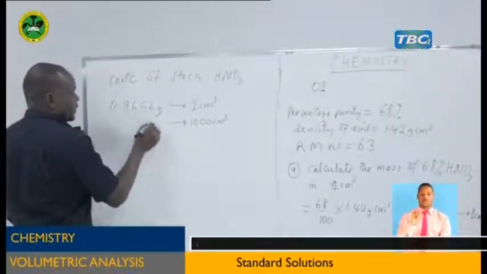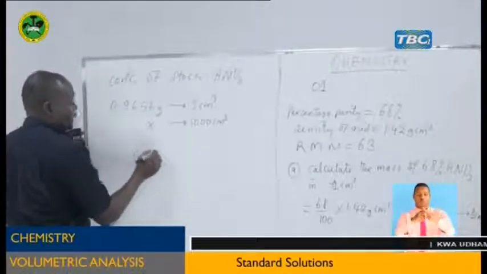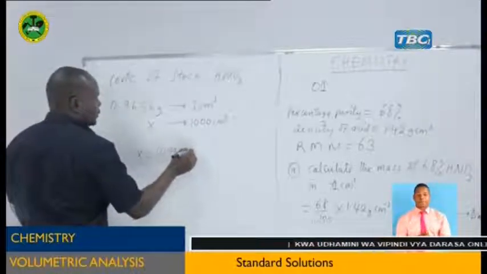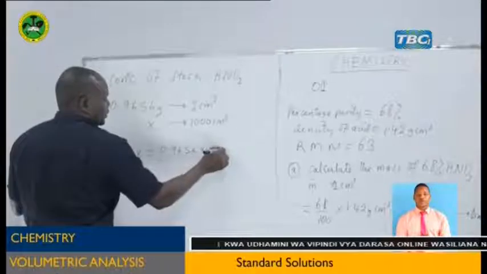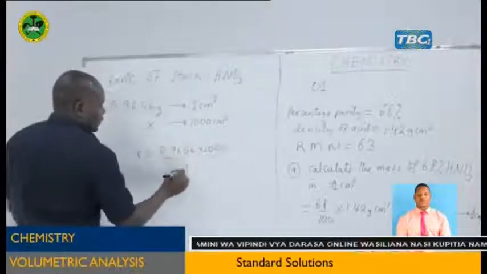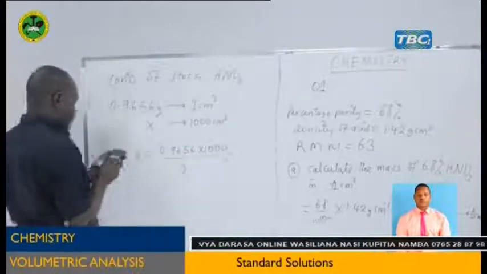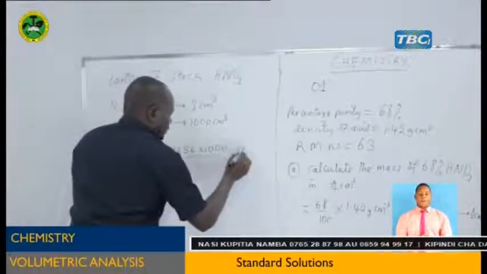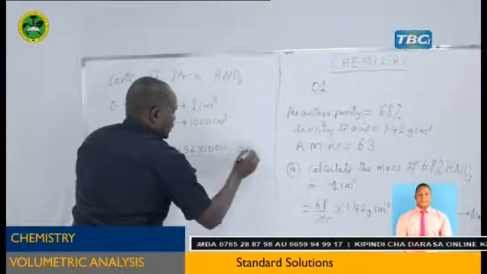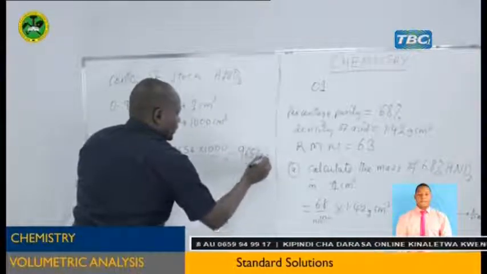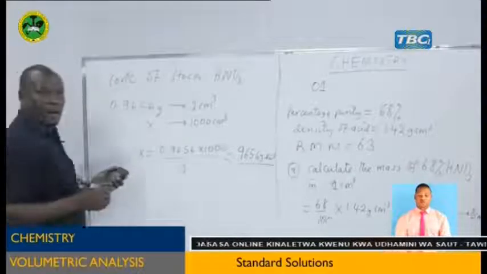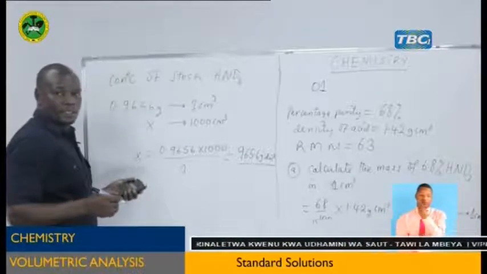So you just cross multiply: 0.9656 times 1,000, then divide by 1. The answer is 965.6. This will be gram per decimeter cubic. So this is the concentration of our stock solution, which is nitric acid.